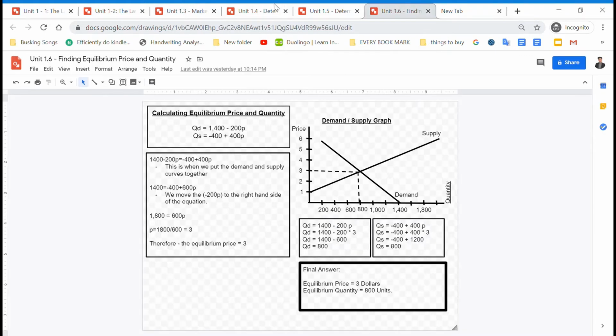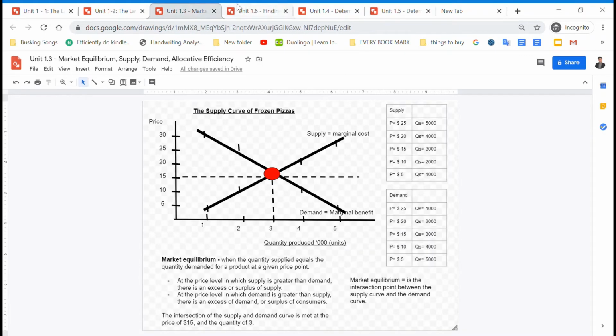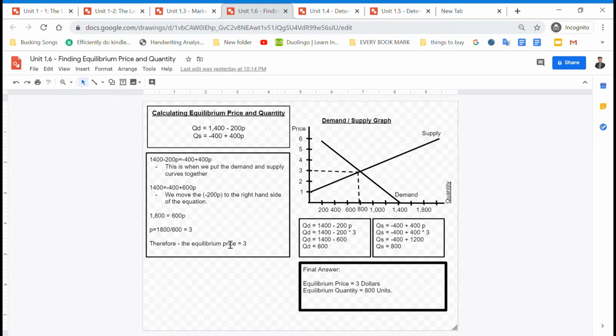Now, I'm going to jump to Unit 1.6 first, where we talk about calculations for a market equilibrium. Calculations for market equilibrium can be derived from the linear equations of quantity demanded and quantity supplied. We know that a quantity supplied curve, or QS curve, has a positive slope, seeing as how the QS curve shifts upwards, and vice versa.